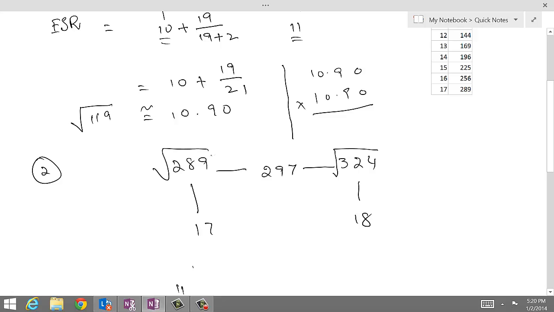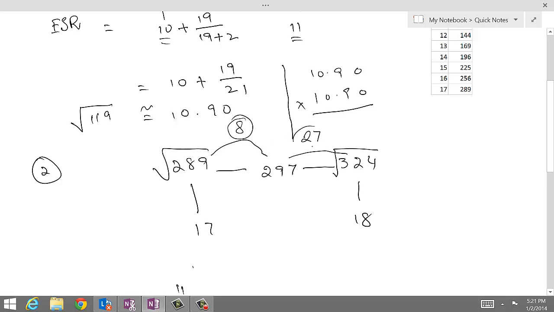So how much is the distance between 297 and 289? That is 8. And how much is the distance between 324 and 297? That is 27.